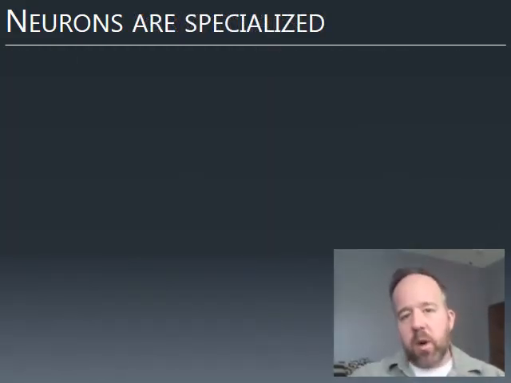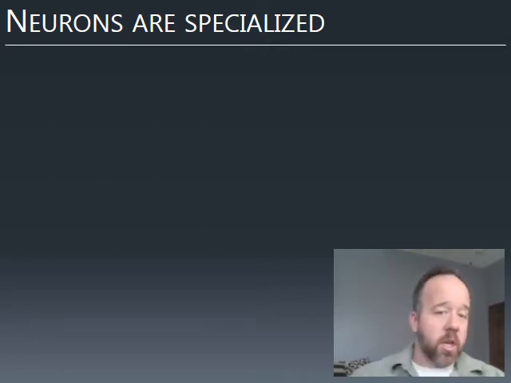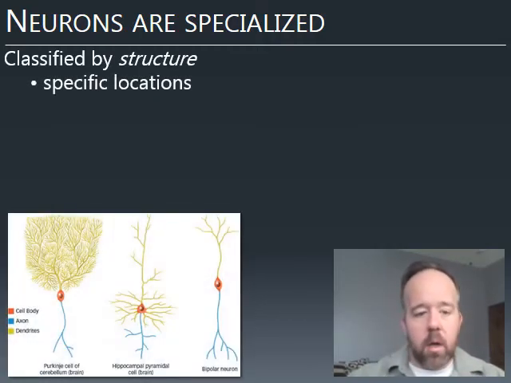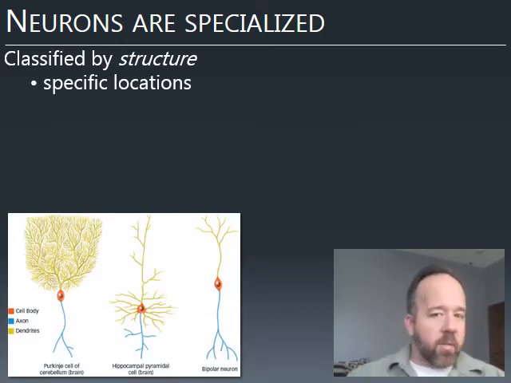As Ramon y Cajal's doctrine indicated, and as your book says, neurons are also specialized. So there are different kinds of neurons. You can classify them by structure. So here we have a diagram from your book, and we can see how varied neurons can be. They've color-coded dendrites and axons here.